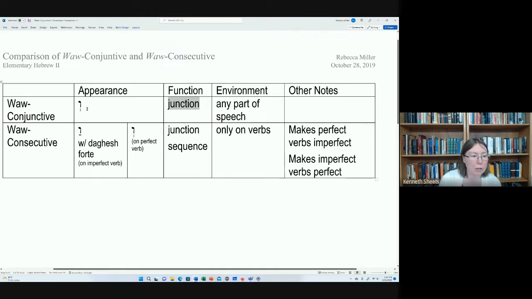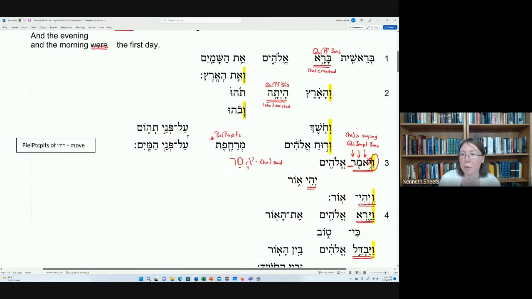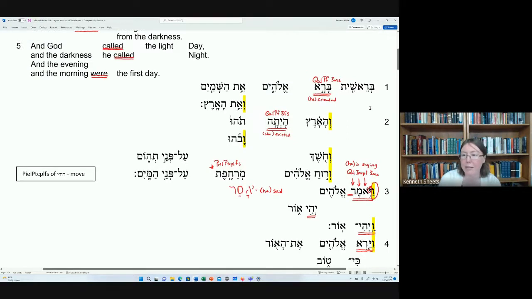And notice what it looks like. It looks like a wow pointed with a simple vocal shewa. We have, as a matter of fact, already seen this particular conjunction elsewhere in this text. Notice here as I go through this.